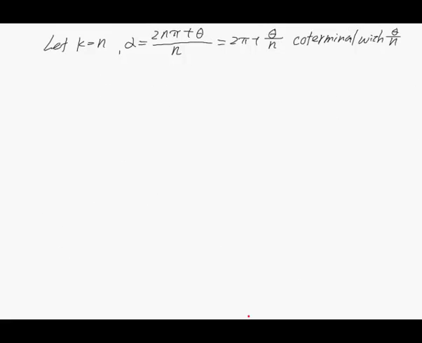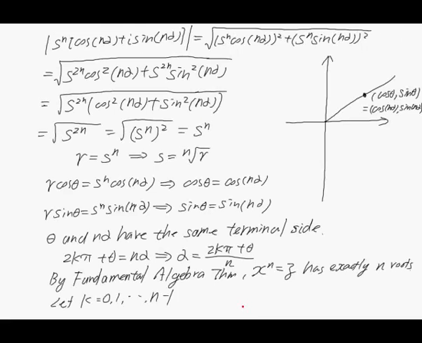And let's see what happens if k equals n plus 1. So if k equals n plus 1, then alpha is equal to 2 times n plus 1 times pi, right? We just replace this k by n plus 1.